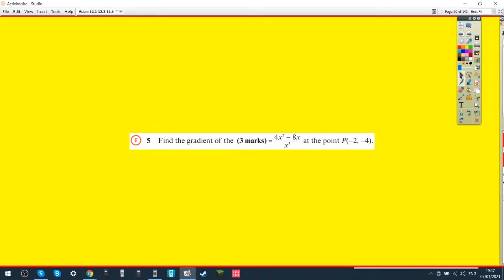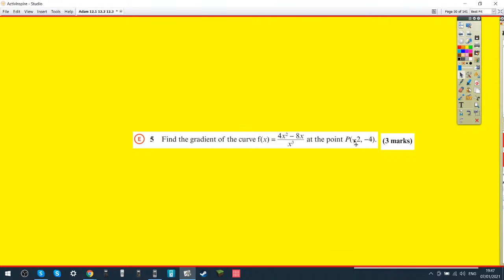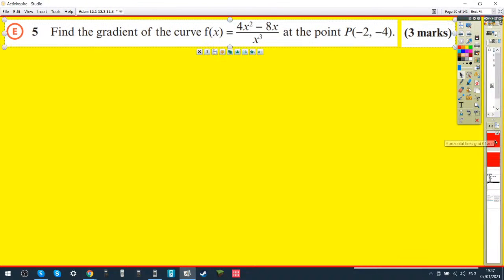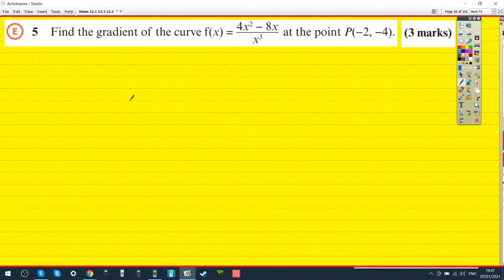Let's try this one. Okay. So it'd be x to the minus 3 brackets 4x squared minus 8x. Mm-hmm.